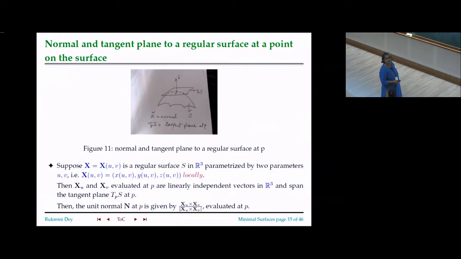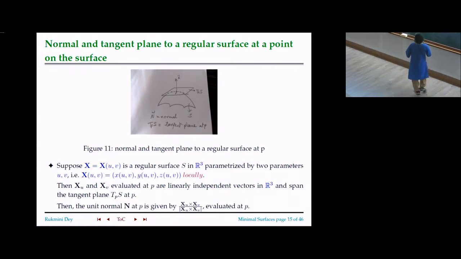S is the surface, and P is the point on which you want to discuss the tangent plane. So TPS is the tangent plane to the surface at the point P and N is the normal.